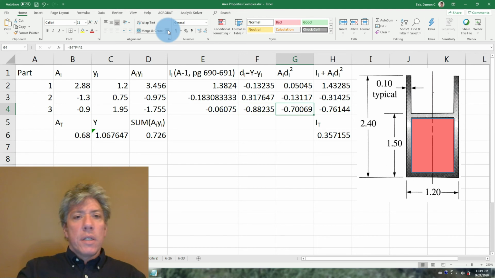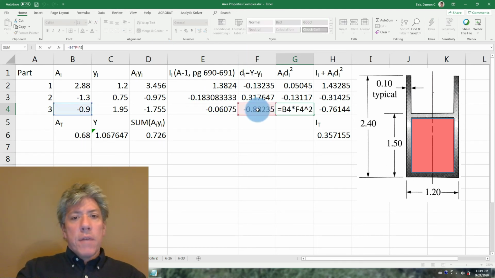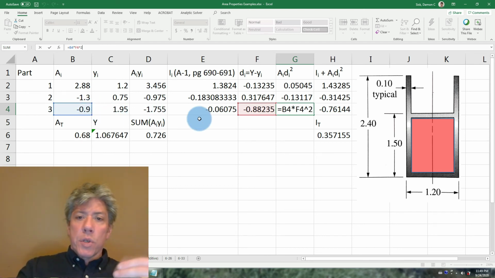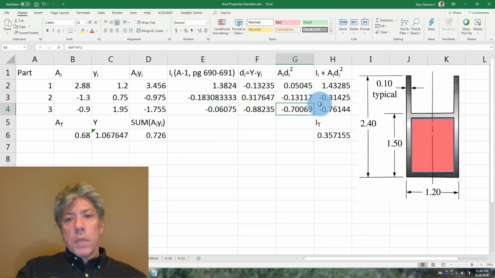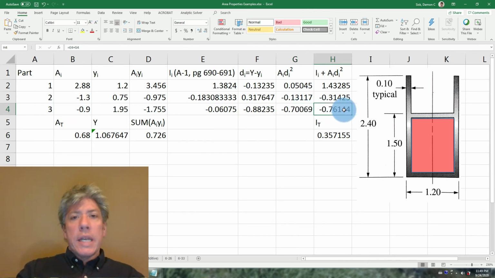You see, this cell takes F2 and squares it. So the negative sign goes away anyhow, essentially. Now the negative sign from the area is preserved, which is good, because we still want a negative. We're still taking away from the total inertia of the shape because we've removed area. And so you'll notice that rightly both of these terms are negative.